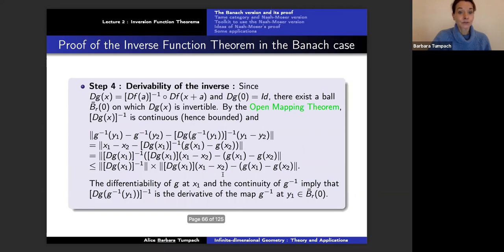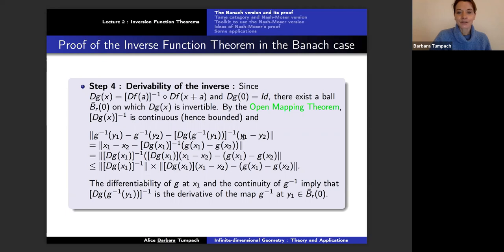And then we have to show that this inverse is differentiable. So for this, we need the open mapping theorem. And we have to estimate here the first order Taylor expansion, that this is small.